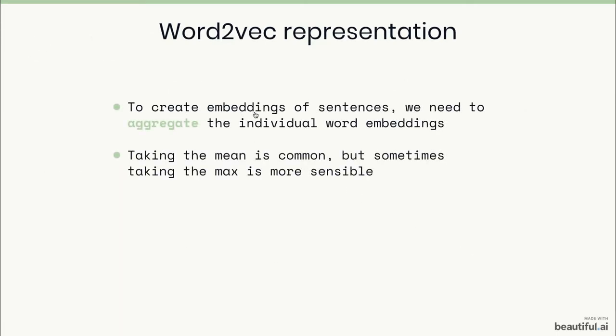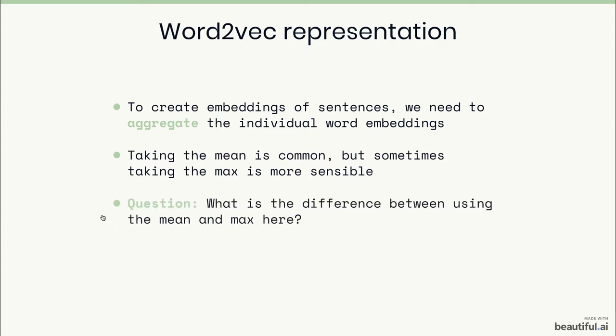To create embeddings of sentences or of documents, we need to aggregate the individual word embeddings. So we need some operation which somehow merges the individual word embeddings. We can take the mean, that's very common, but sometimes taking the maximum can be more sensible. I'd like you to just ponder over this for a few seconds.